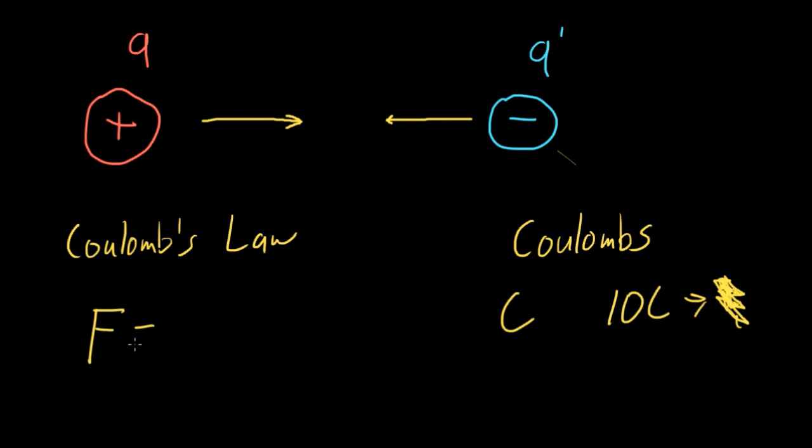Coulomb's law is this: F equals K Q Q prime over D squared. D is distance, it's just how far apart they are, in meters. Q and Q prime are your two different charges. Alright?